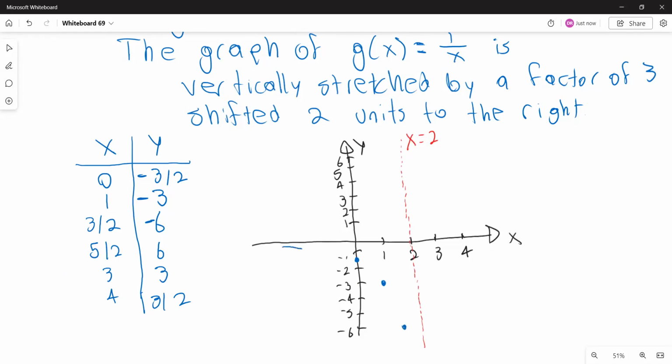So we have this part. It wasn't shifted vertically, so the horizontal asymptote didn't change. And then it passes through 5/2, 6, 3, 3, and 4, 3/2.